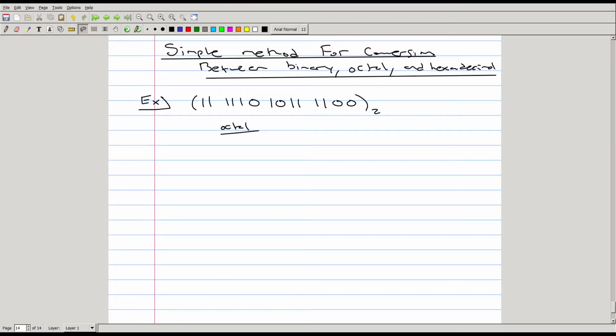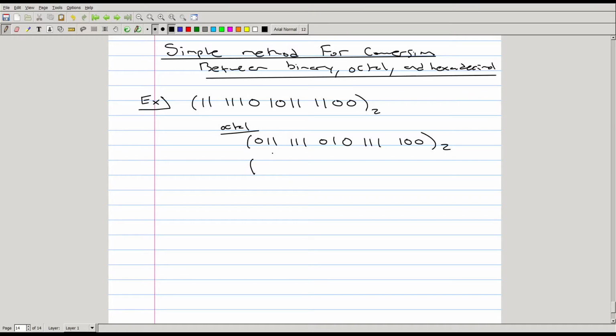If I group these digits in threes, with adding an extra 0 to the very end if I have to, which doesn't change the number, this will be 0 1 1, 1 1 1, 0 1 0, 1 1 1, 1 0 0, and I calculate what each one of these numbers is in octal.